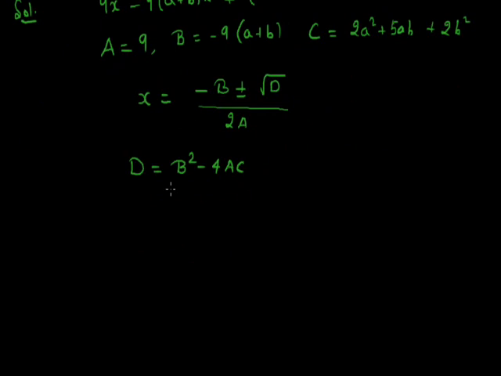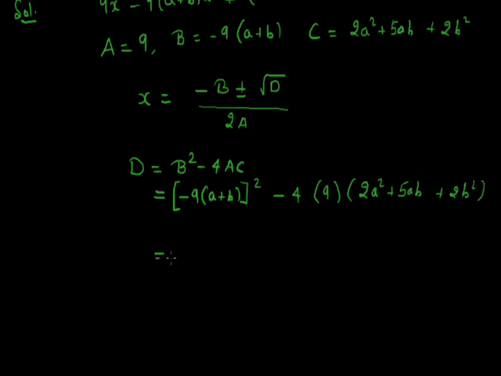So this is equal to minus 9 a plus b whole square minus 4 multiplied by 9 multiplied by twice a square plus 5ab plus twice b square.